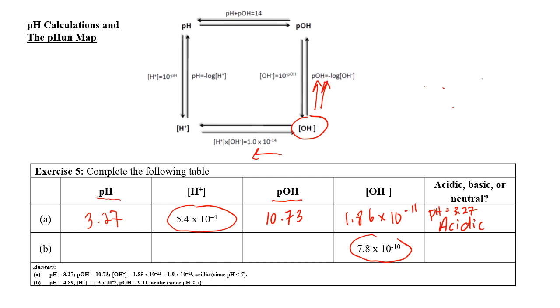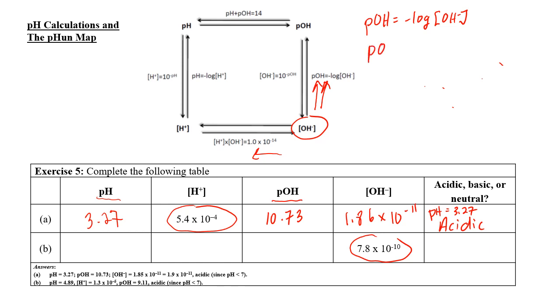If I want to find my pOH from the hydroxide, we're going to use the equation that's in the right-hand lane here. pOH equals the negative log of the OH minus concentration, which was given.